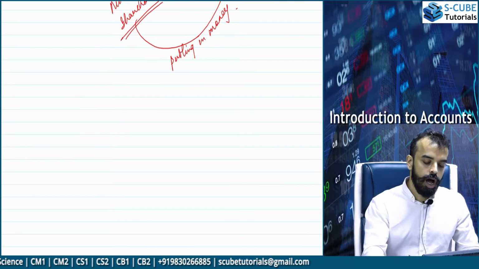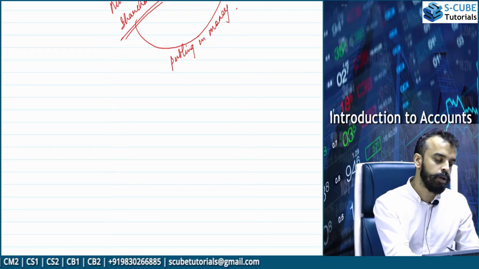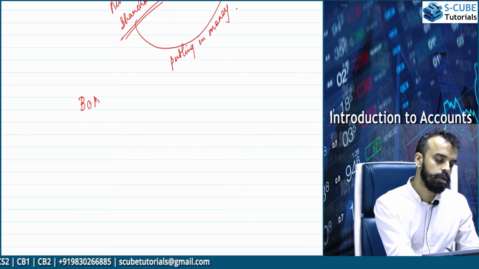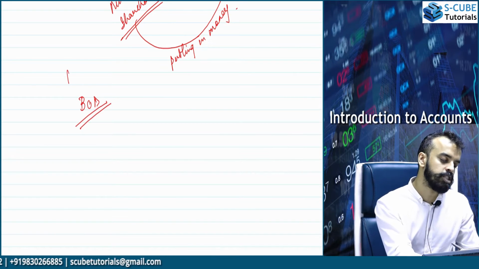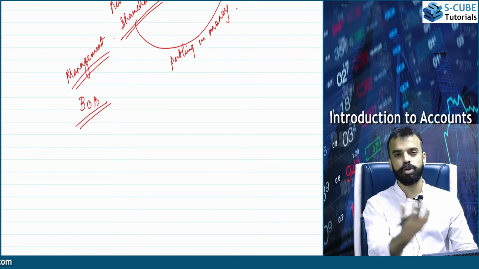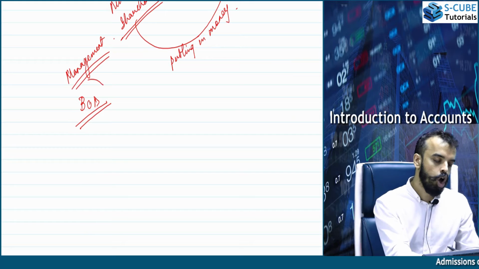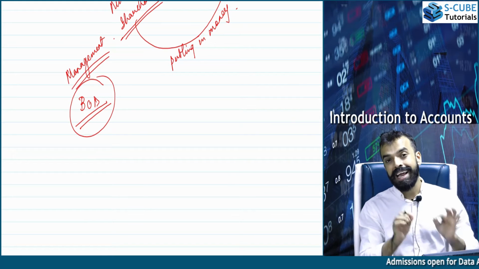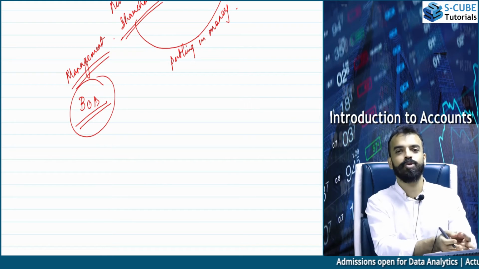A company is run by a board or a group of people known as the board of directors. The management of a company, that is management of the day-to-day affairs and the overall management of the company, is entrusted with a particular group who are elected by the members only.